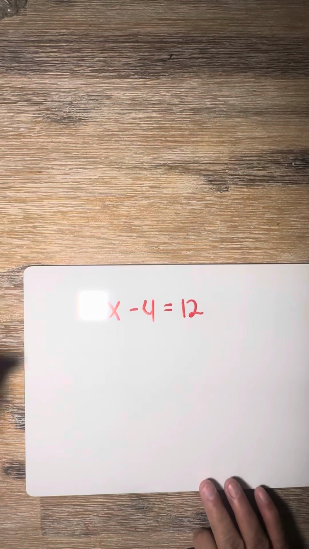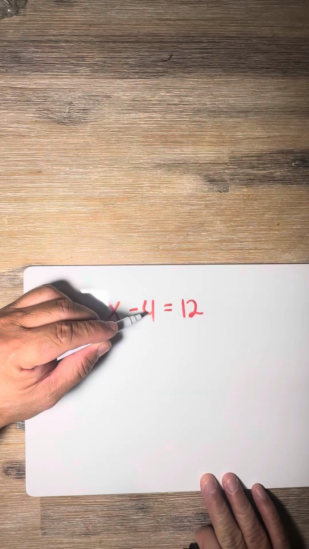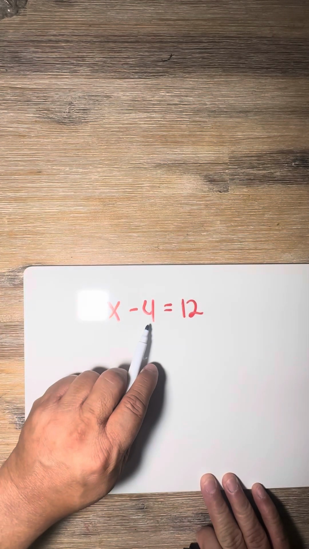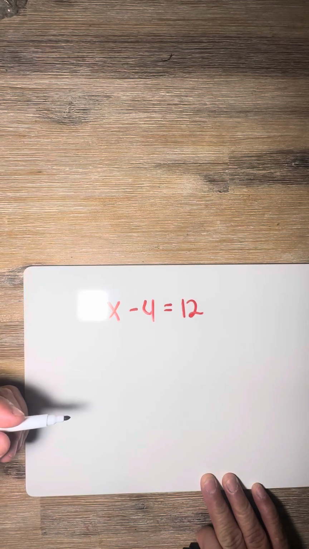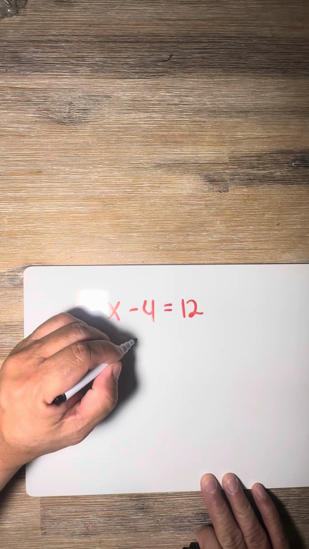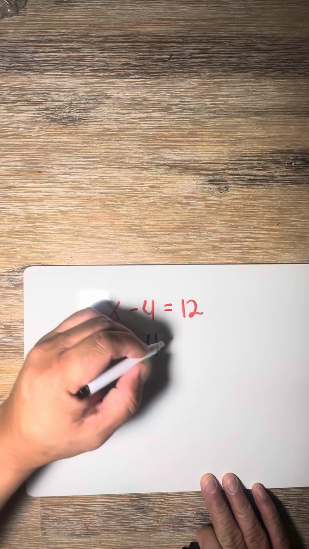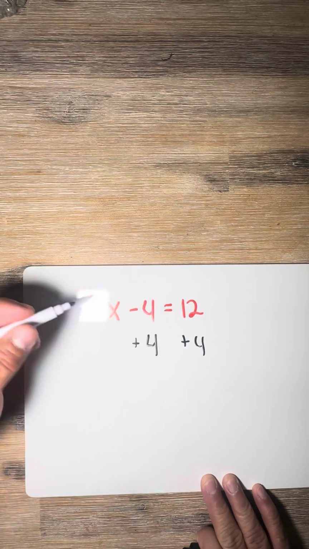If you can tell, this is x minus 4. Again, that's x minus 4 equals 12. So the opposite of minus 4 is plus 4. So we're going to go ahead and add 4 on both sides, okay?